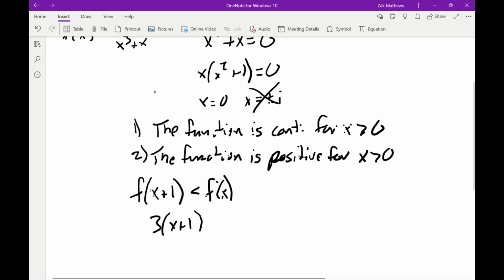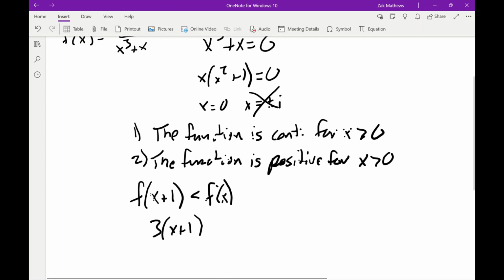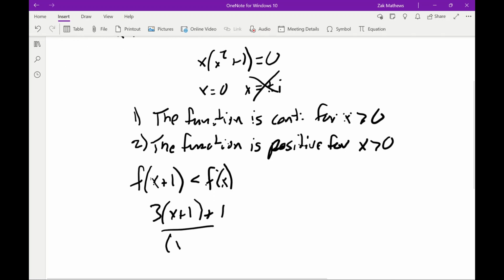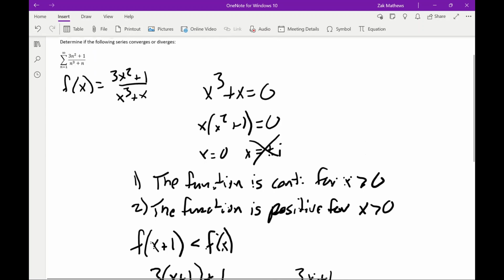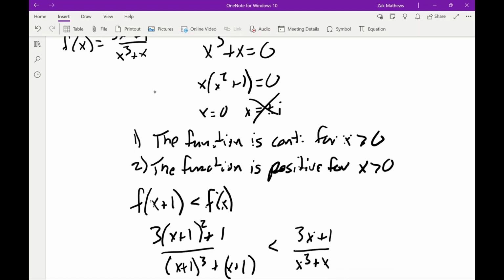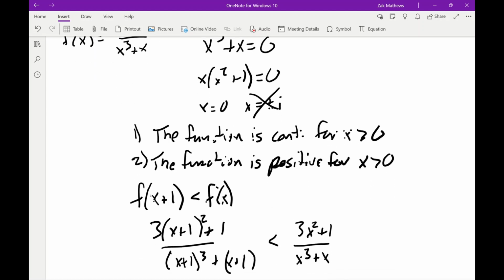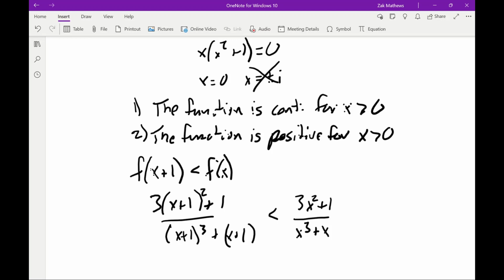Sometimes it's a lot easier to see. We'd have 3 times x plus 1, plus 1, over x plus 1 cubed plus x plus 1. If we could prove to ourselves that that was in fact less than 3x plus 1 over x cubed plus x. I forgot a square on that right there. If we could show that, we would be done, but again, that's really, really challenging.